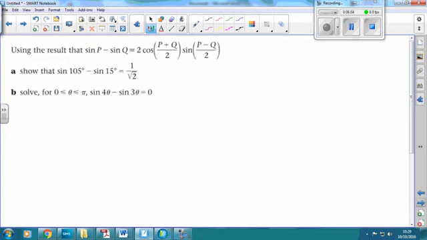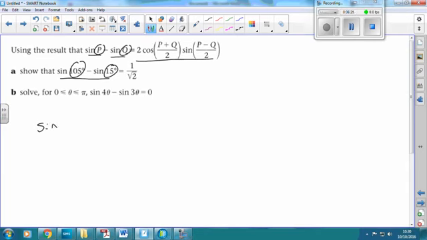But let's see how to use it. So we've got here, using the result that sine p minus sine q equals this, we've got to find out what this is. Here, they've replaced p with 105 and q with 15.